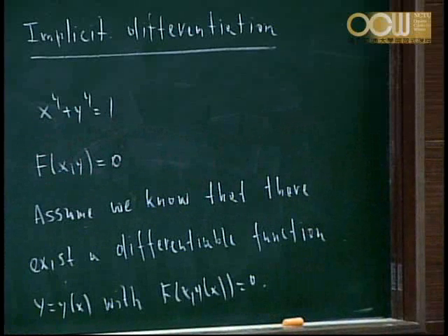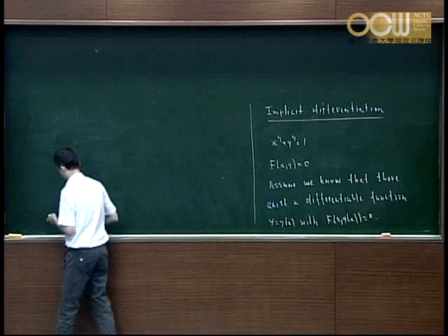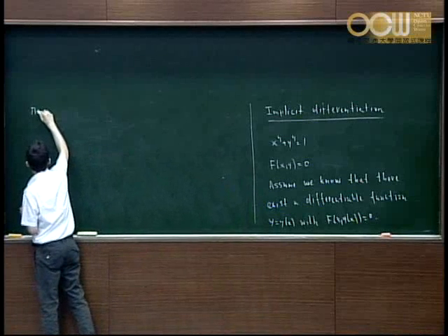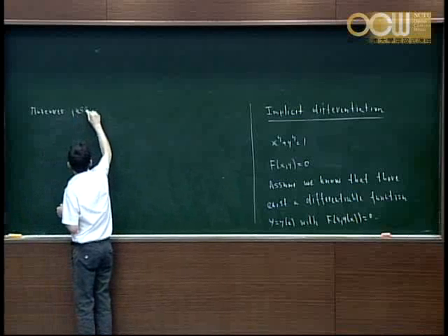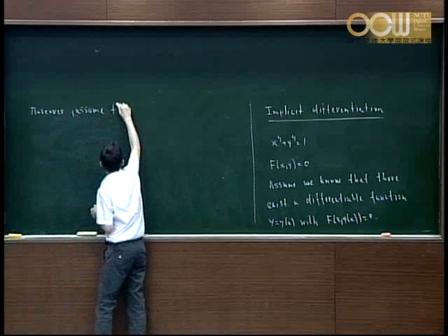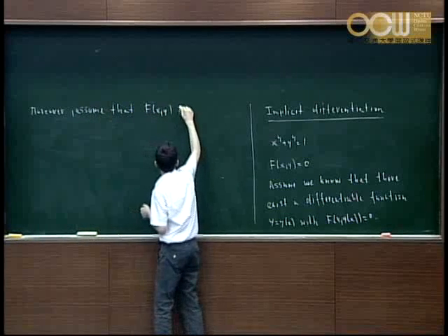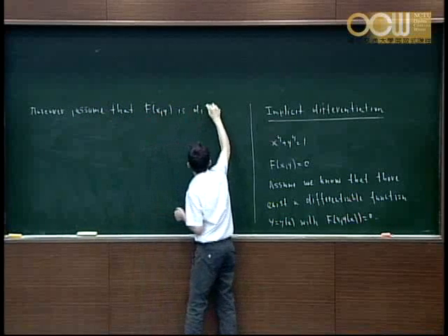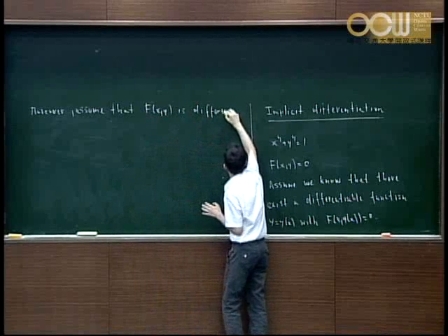And if you know that f is differentiable as a function of two variables, moreover, assume that this function is differentiable in our new sense, which we have defined last time.